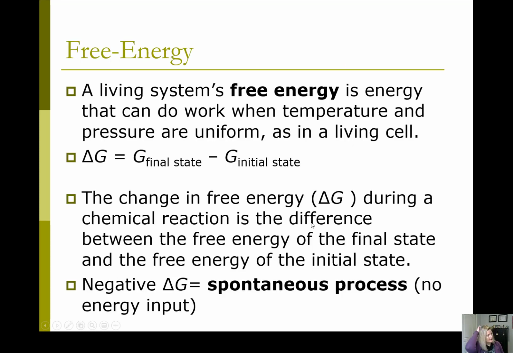So let's go ahead and continue looking at this idea of energy, specifically what is known as free energy. Free energy is energy that can do work. And we generally describe it as basically when the temperature and the pressure is uniform within a living cell. So you'll see this symbol throughout the chapter readings if you haven't had a chance to look at it.